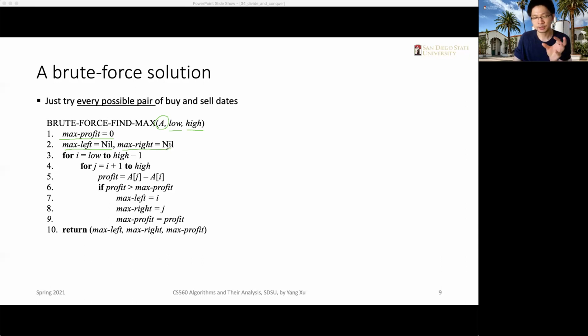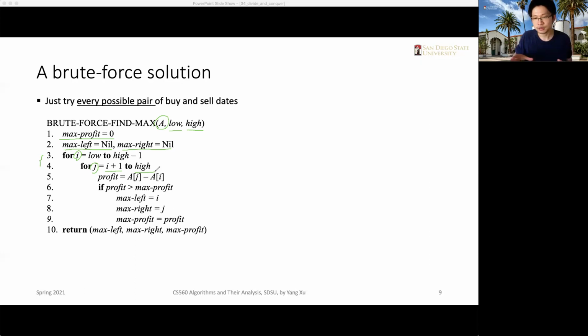It's actually two nested for loops. The first loop counter i ranges from low to high - 1, and the second loop counter j ranges from i+1 to high.